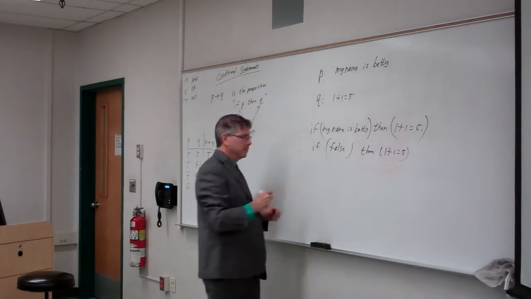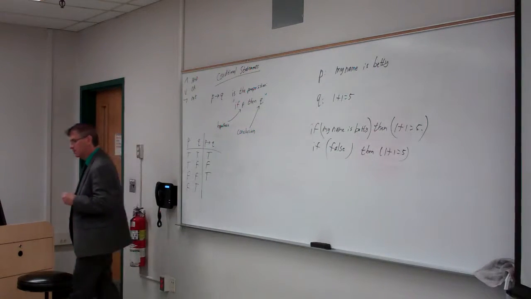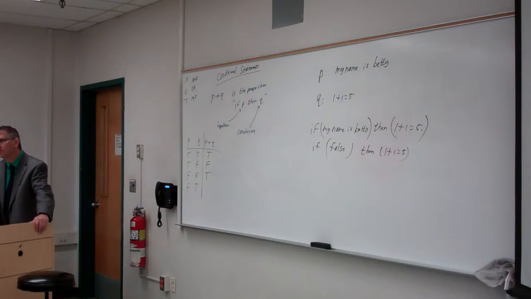Because what we're actually doing is going, if this bit is true, then this bit must be true. But in actuality, what we're testing is if his name is Betty, and that's false. So that's pretty much the end of the whole thing. It doesn't matter what happens after that.